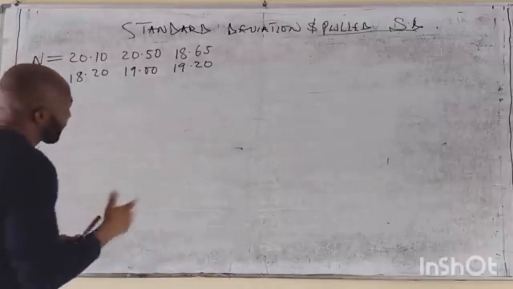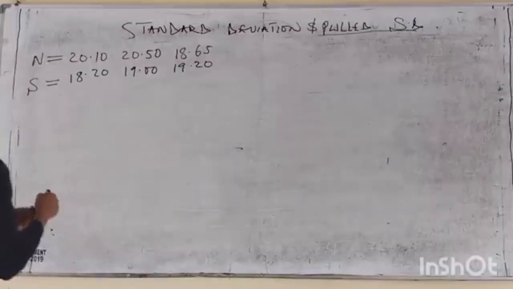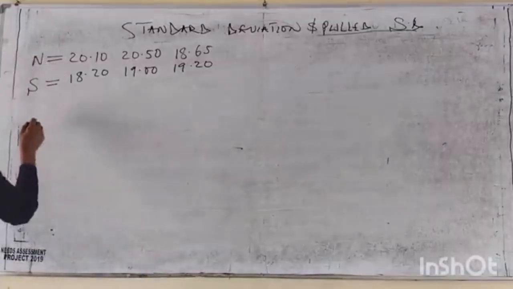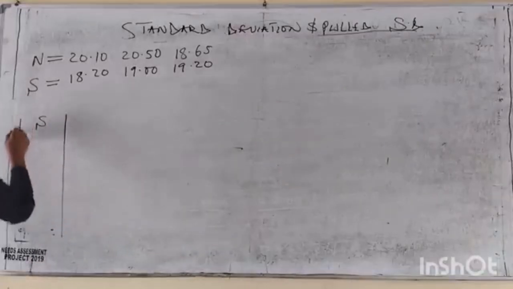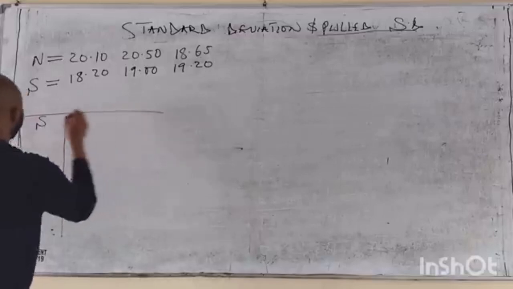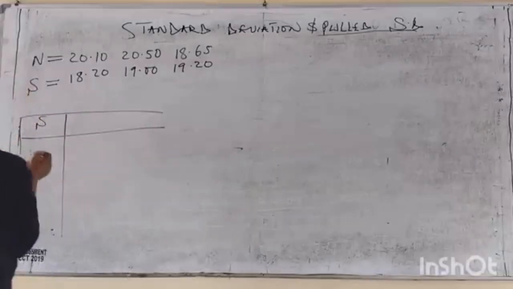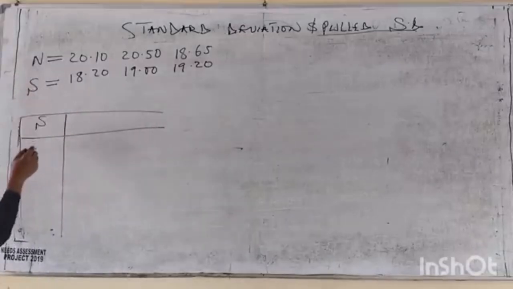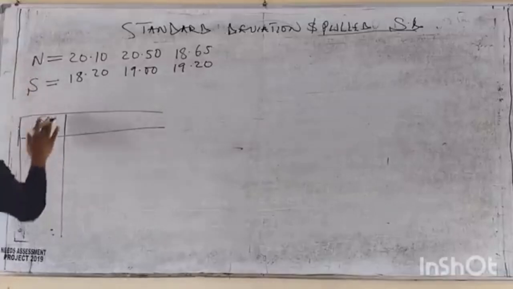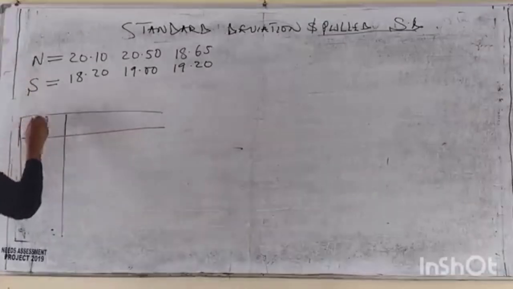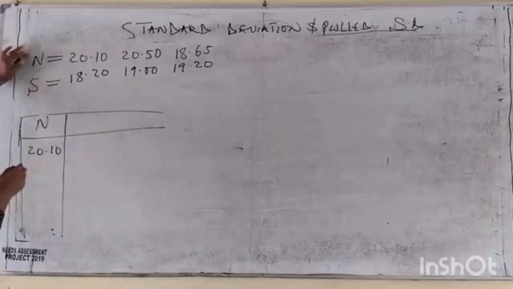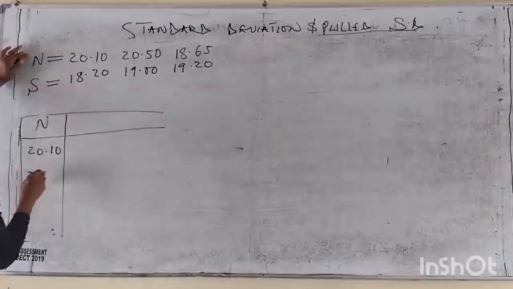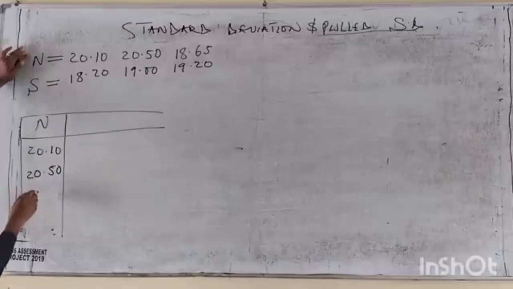I will bring in the formula, but let's proceed first. Let's start with n first, which is 20.10, 20.50, 18.65.